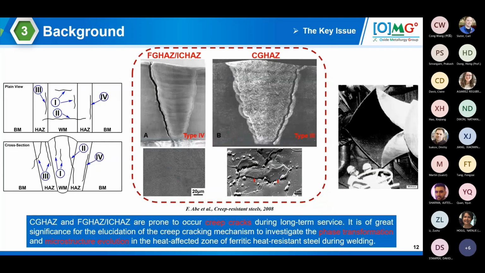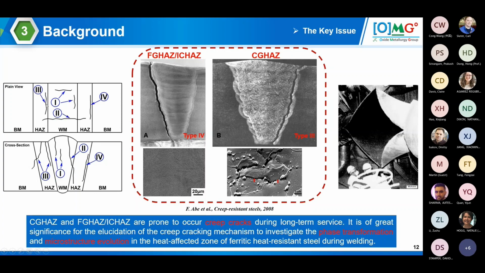So the key issue over the past quite a few decades is that people are puzzled by these cracks, and they are generally defined into 4 categories. One is what they call type 1. They are generally horizontal, not transverse.